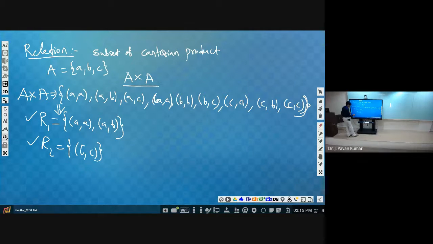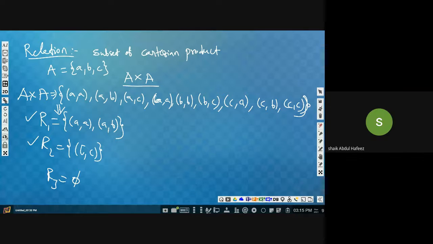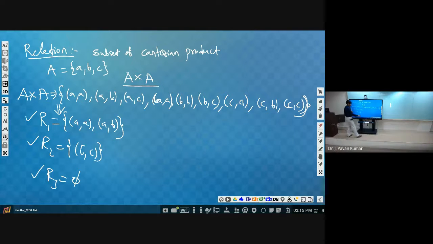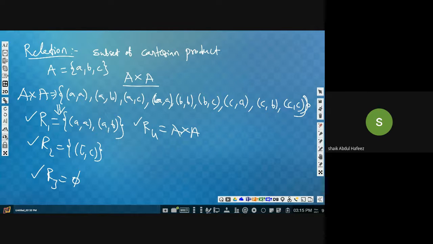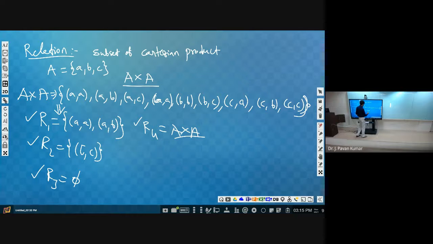So it is also a relation. Now consider R3, which is empty. Is this a subset or not? Yes, sir. So it is also a relation. Next, R4, which is equal to A cross A. Is this a relation or not? Yes, sir. That means all these tuples will be part of the relation. So like this, any subset of the Cartesian product we can consider as a relation.